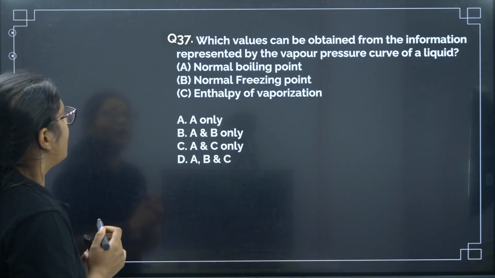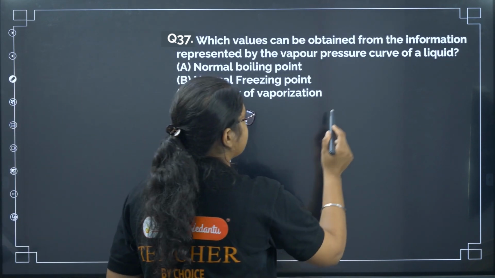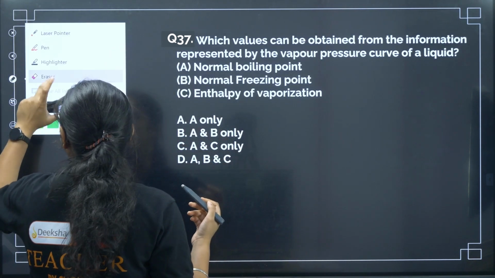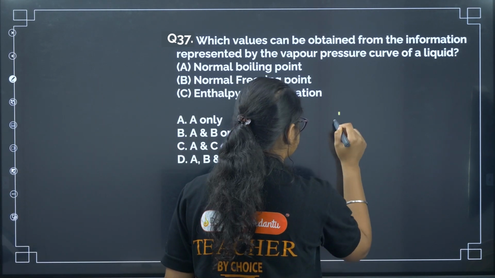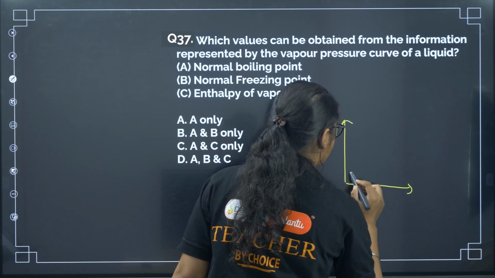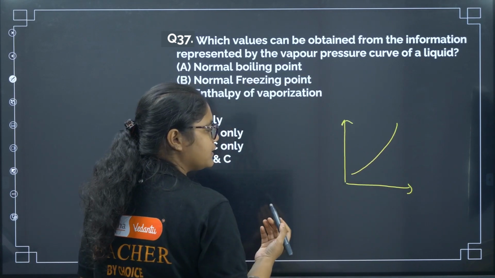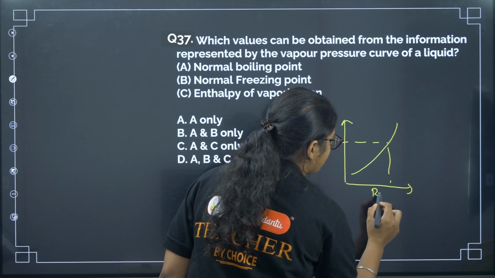Next, which values can be obtained from the information represented by the vapor pressure curve of a liquid? So in vapor pressure curve, if you have seen the graph for that one, this is the vapor pressure curve we get, from where we can predict the pressure versus boiling point or temperature.